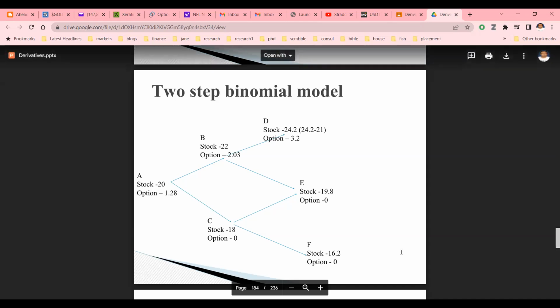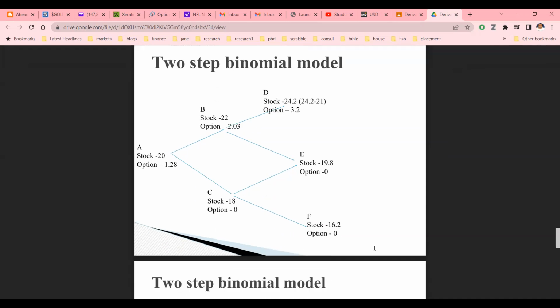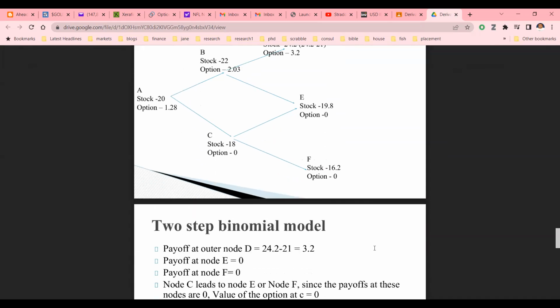So once we know the values of D, E, and F, we will now use them to calculate the other values. So how can you do it? Payoff at point E, point F, and all those things. So you understand how the values at point E, F, and D come? Yes, students?